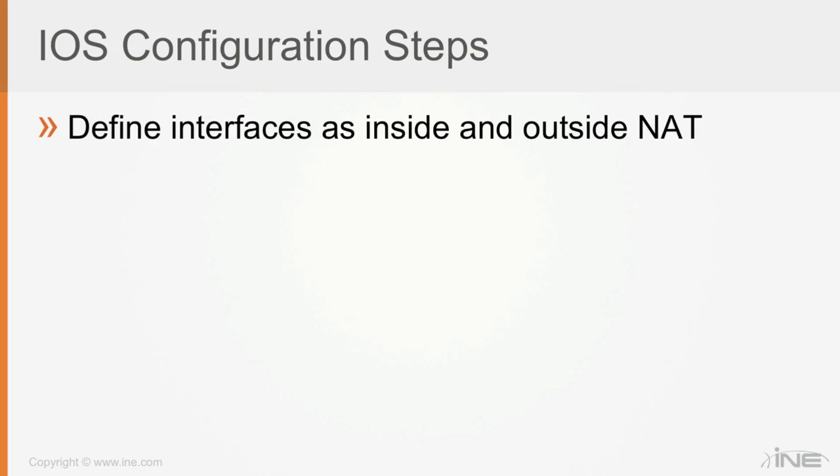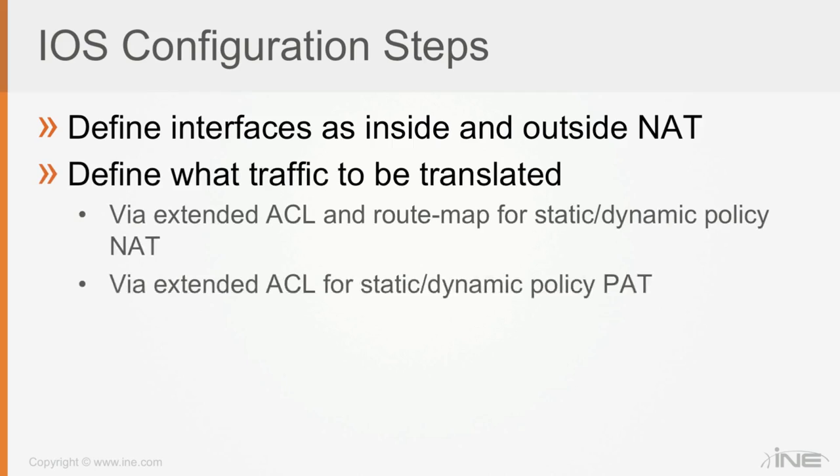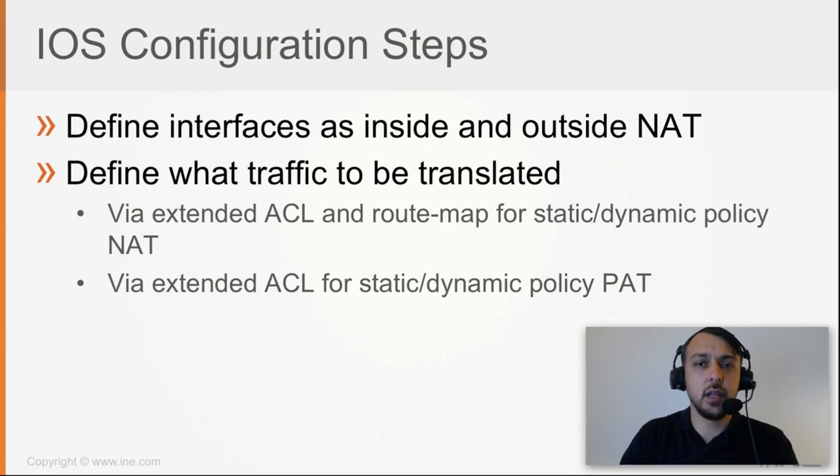So first of all, as usual, we define what our inside NAT and outside NAT interfaces are. Second, we define what traffic is to be translated, and here's the difference. If you want to do a policy static or dynamic NAT, you have to use an extended ACL and call that ACL in a route map. That's for a specific reason, because in dynamic NAT and static NAT, the iOS and any NAT device builds a one-to-one mapping.